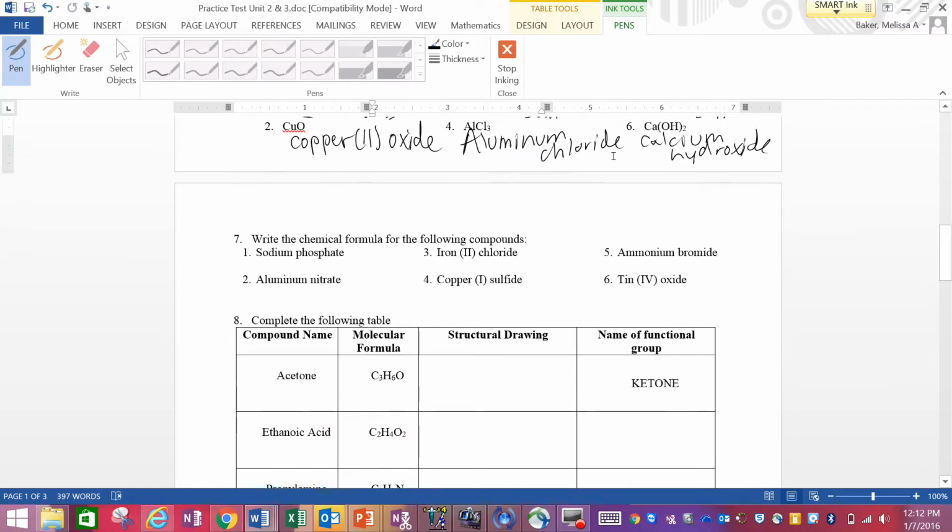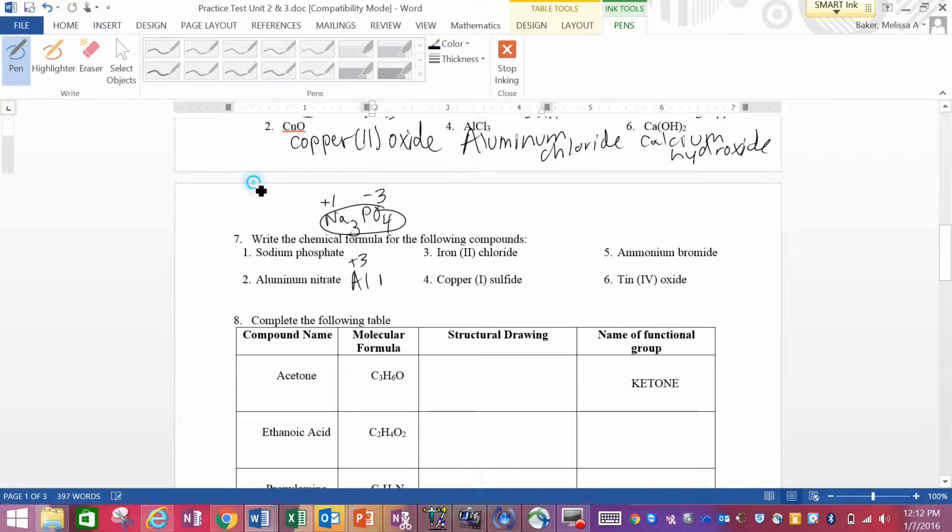Now we're switching gears and we're crisscrossing to write compounds. So remember when you do this, you write the charge above each. So look at the orange post-its if you're in the classroom. So Na's got a +1. Phosphate's one of the special 6, that's a -3. So this would be Na3PO4.